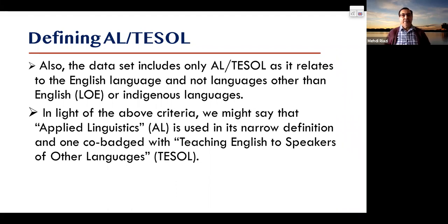Also, the data set includes only applied linguistics TESOL as it relates to the English language and not languages other than English or indigenous languages. In light of the above criteria, we might say that applied linguistics is used in its narrow definition and one co-badged with teaching English to speakers of other languages, TESOL.